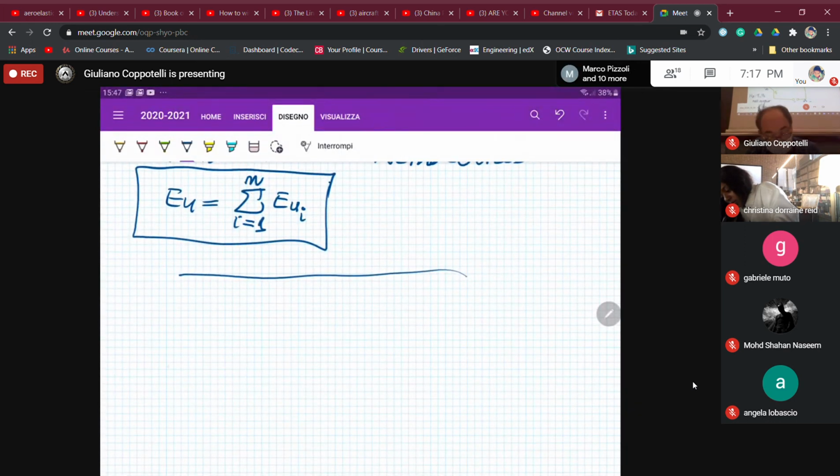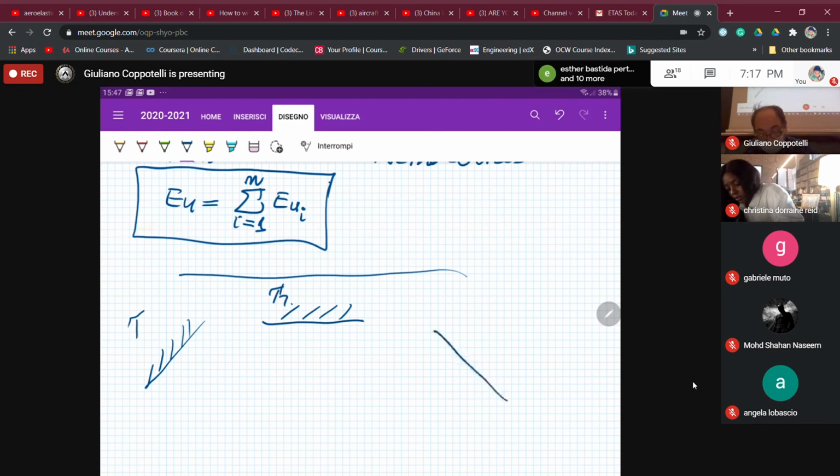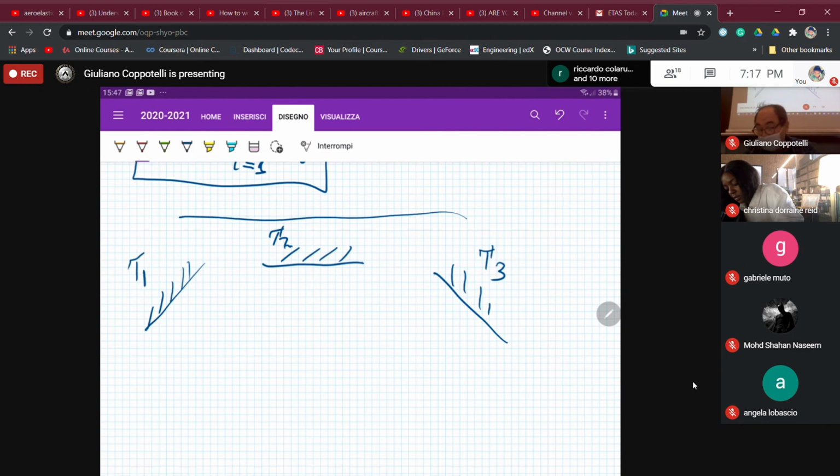For example, we have one wall here at temperature T1, another wall there at a temperature of T2, and a third wall, for example, there at temperature T3. T1, T2, T3 are all different temperatures. How about if we consider this thermocouple configuration?